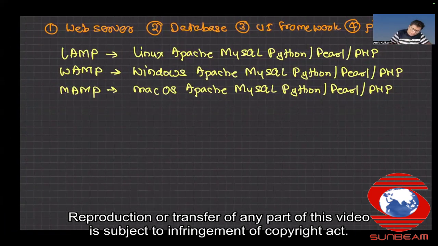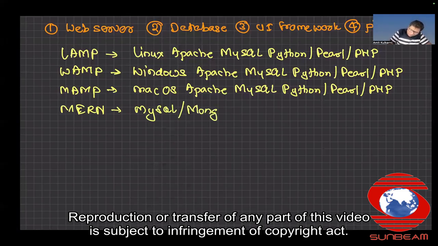Okay. Nowadays, there are two which are very famous. One of them is called MERN, the one that you are learning right now. And you know what it means? M could be MySQL or MongoDB, depending on which database you are comfortable with or your application requires. E, as I mentioned, is Express. R is React, and N is Node.js.